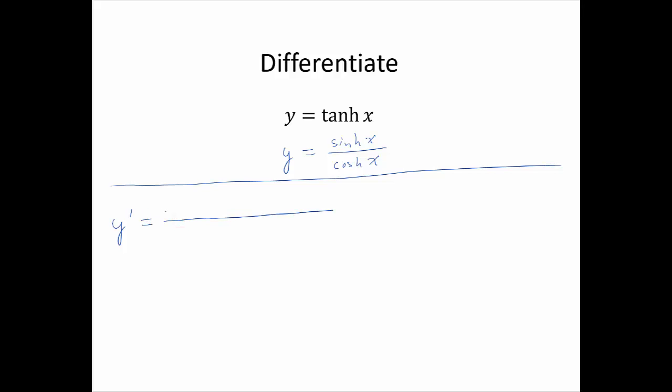So let's see, I would have the low function times the derivative of the upper function minus the upper function times the derivative of the lower function over the lower function squared.